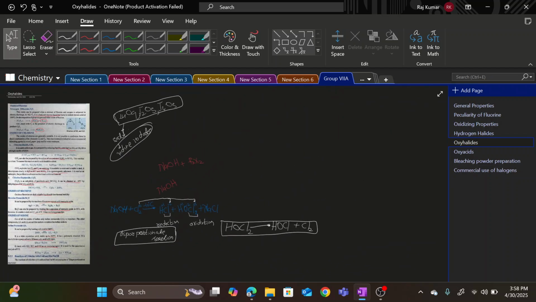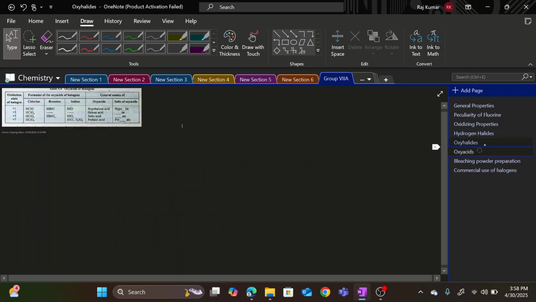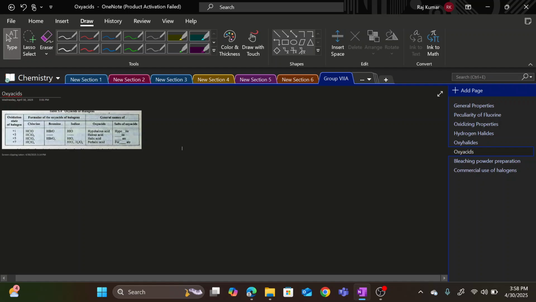Alright, let's move on to the next part, which is the oxy acids. When it comes to chlorine, bromine, and iodine, all of these form oxy acids because they are not restricted to a particular oxidation state.